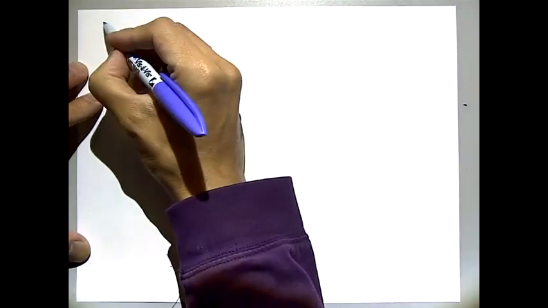Now let's look briefly at what the second derivative tells us. The first derivative tells us when something is increasing and decreasing. Let's find out what the second derivative tells us.